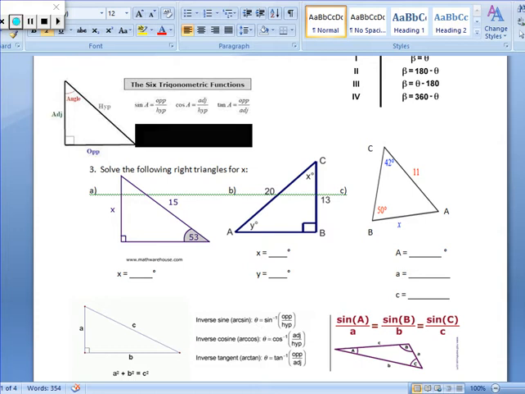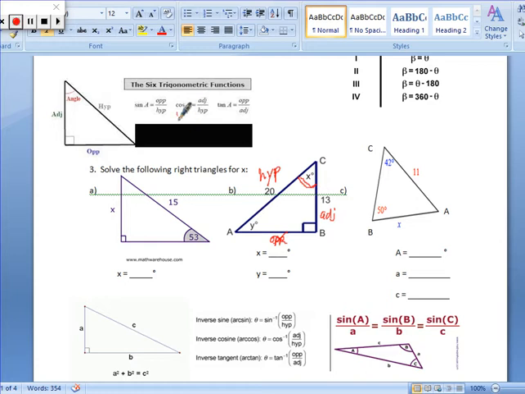So what we have to do is find x first. From x, we don't talk about opposite, so we don't need it. The hypotenuse, which is 20, they gave us that. And then by process of elimination, 13 is going to be our adjacent.